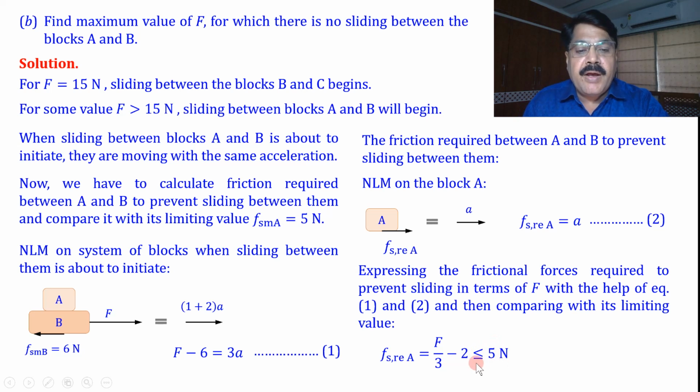But if it is equal to 5, sliding will initiate. So using equality, F by 3 minus 2 is equal to 5. So F by 3 is equal to 2 plus 5, 7. So F is equal to 21 Newton. So when this force reaches 21 Newton, sliding between A and B will also begin. So F is less than or equal to 21 Newton.